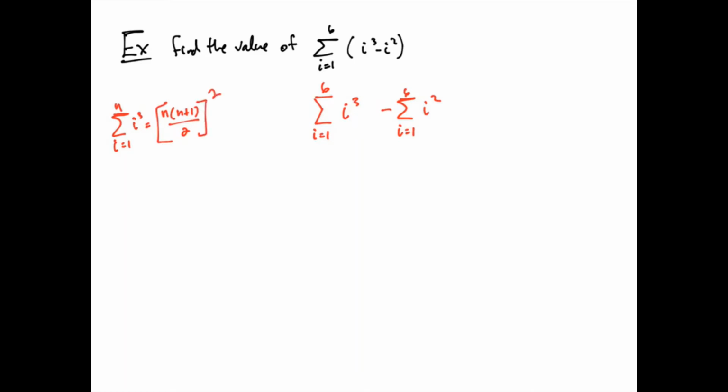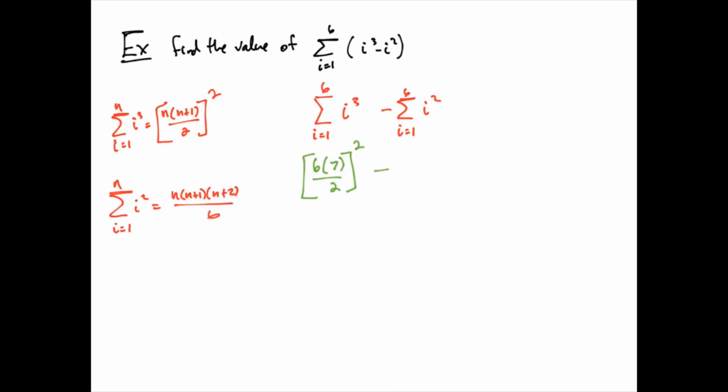Applying that to this first term, our n value is 6, so this will be 6 times 6 plus 1, which is 7, divided by 2, and that's getting squared, minus, well, when we have i squared, that is equal to n times n plus 1 times n plus 2 divided by 6.